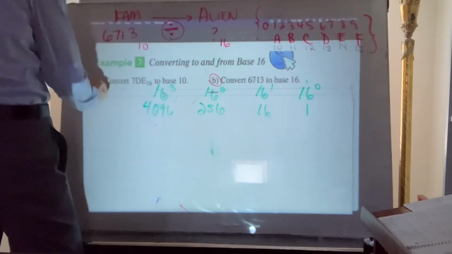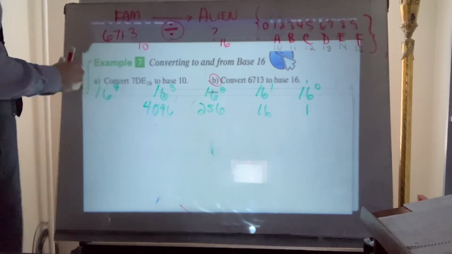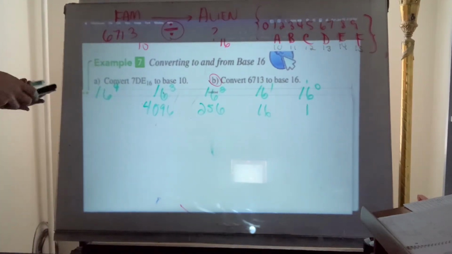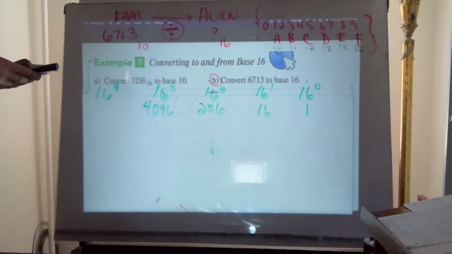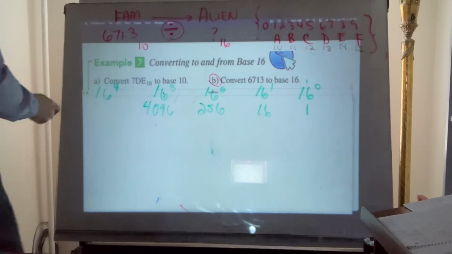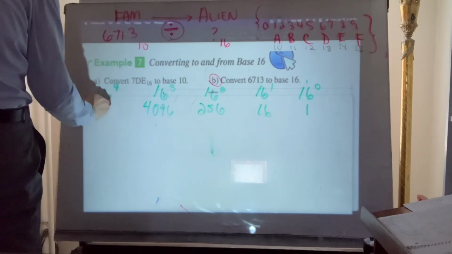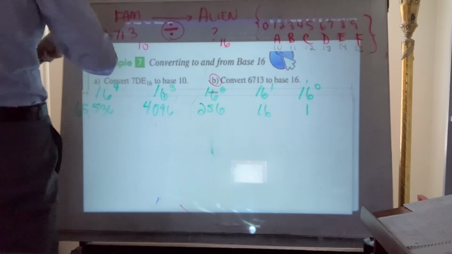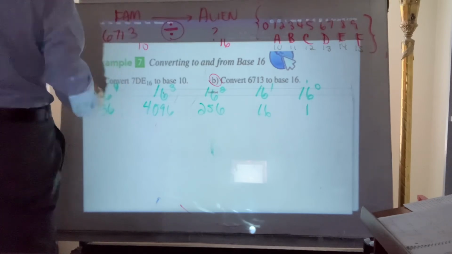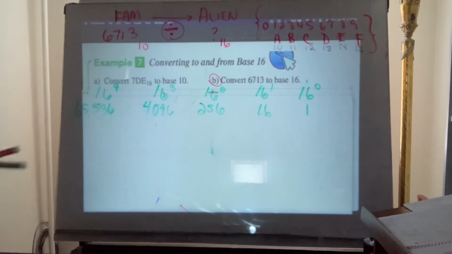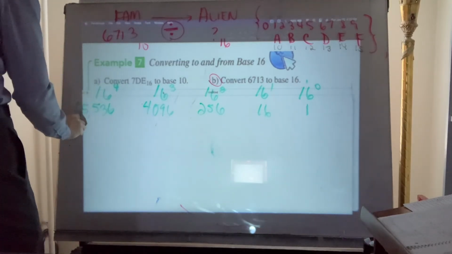4096. Let's just do another one to confirm. 16 to the 4th, 4096 times 16, is 65,536. So yeah, way over the threshold here. Anyhow, we compare at this point.